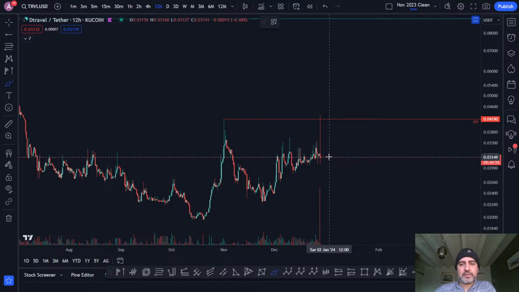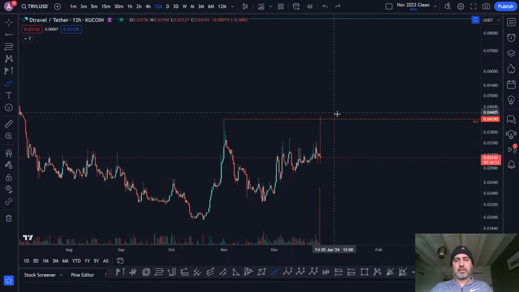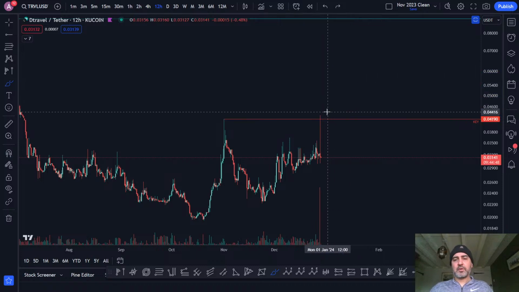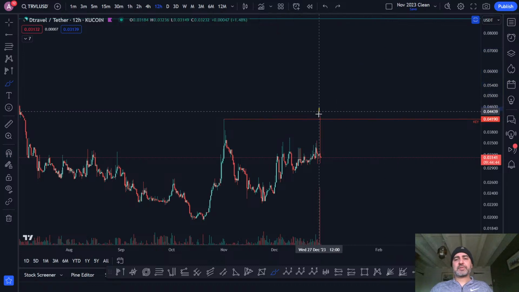We need a close above here, like a green candle up there, and then flip it into support, or just a little consolidation above there. That's what the bulls need to do.